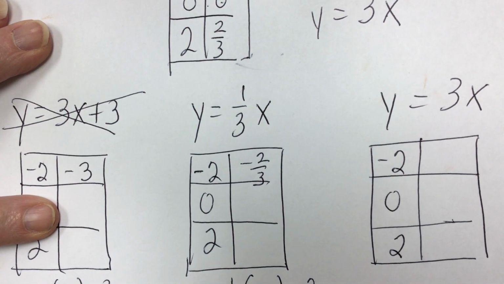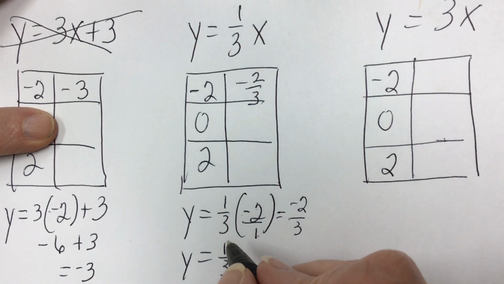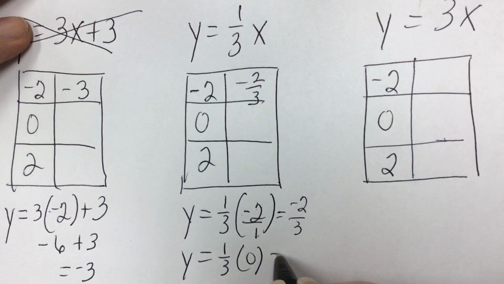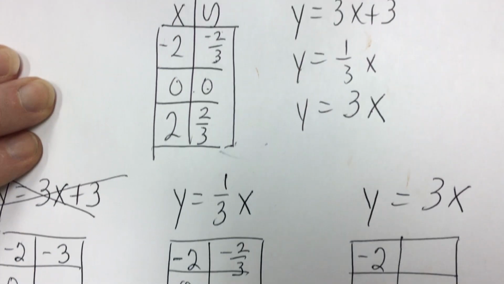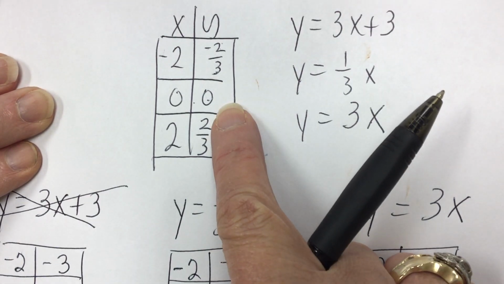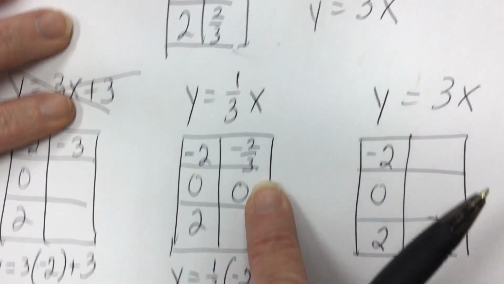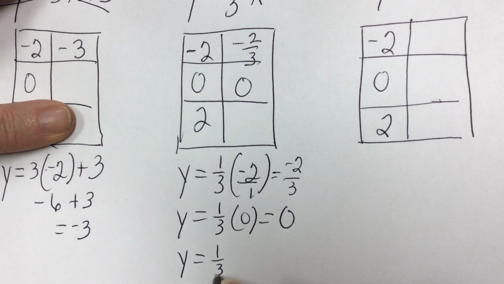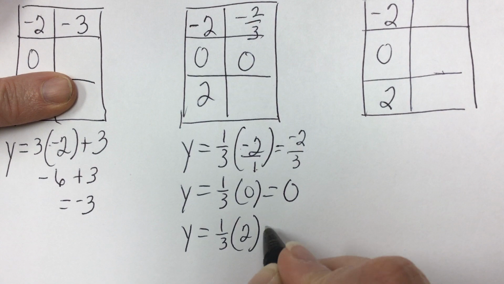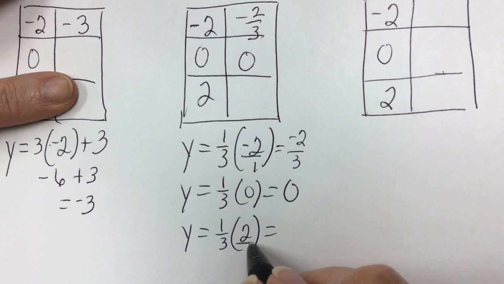All right, plugging in 0 into this equation, 1/3 times 0, I get 0. Does that match the original chart? Yes, 0, 0, okay. And next, let's do plugging in 2. I have 1/3 times 2. Well, 1/3 times 2, 2's over 1.